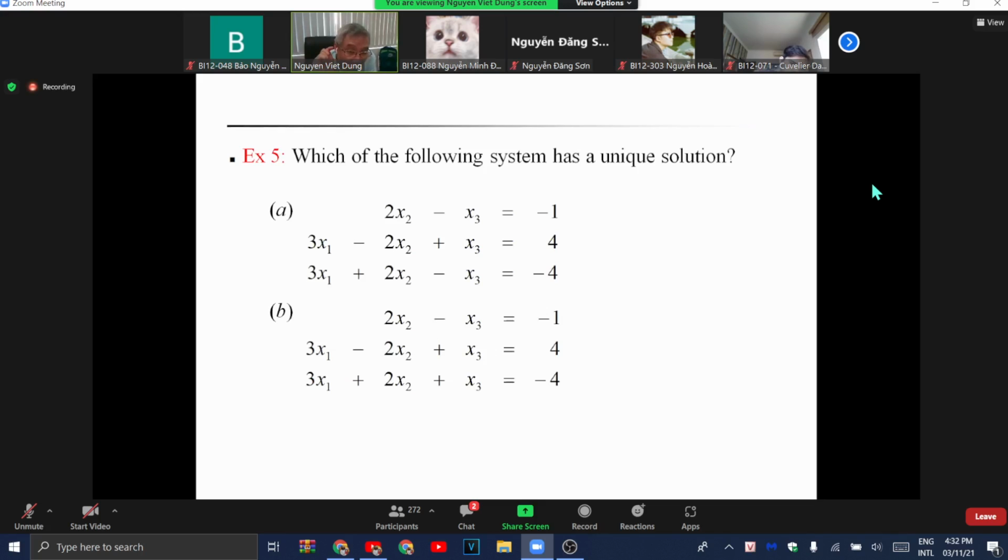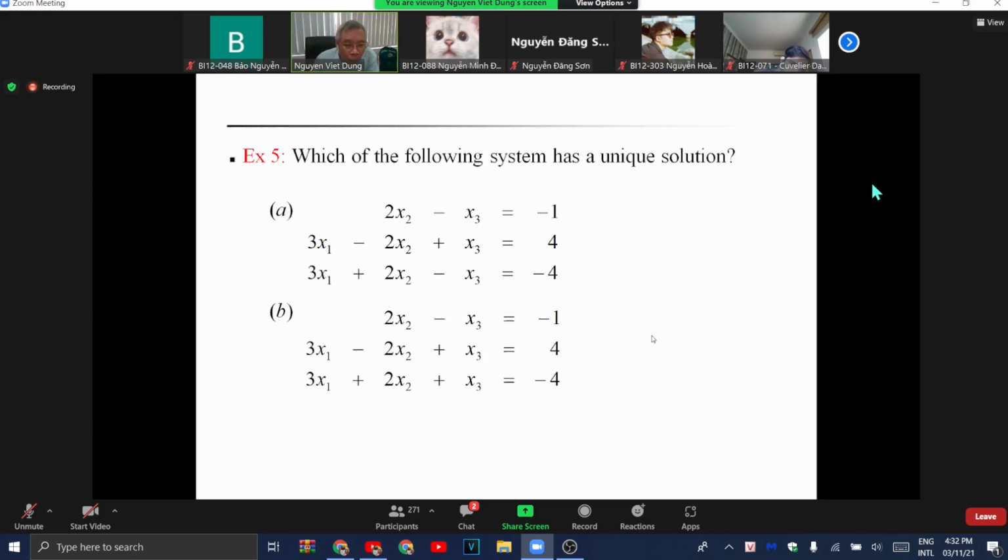Suppose that you are given two systems of linear equations like that here, and you are required to see which one has a unique solution and which one does not.